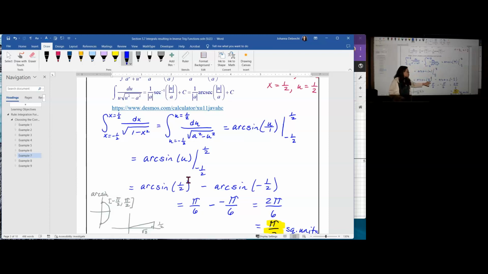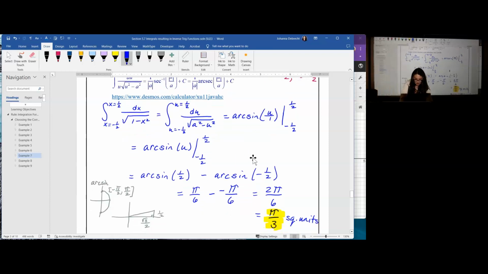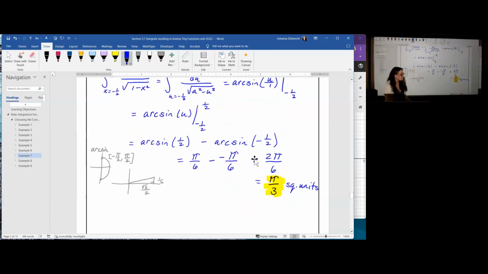This is arcsine of 1/2 minus the arcsine of negative 1/2. Now recall that arcsine is defined between negative pi over 2 and pi over 2. That means I'm looking for angles between negative pi over 2 and pi over 2 whose sine gives me the number 1/2 or negative 1/2.